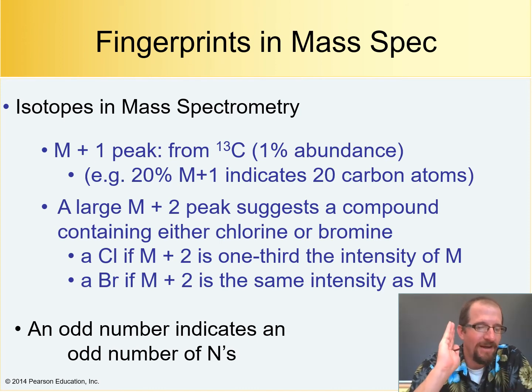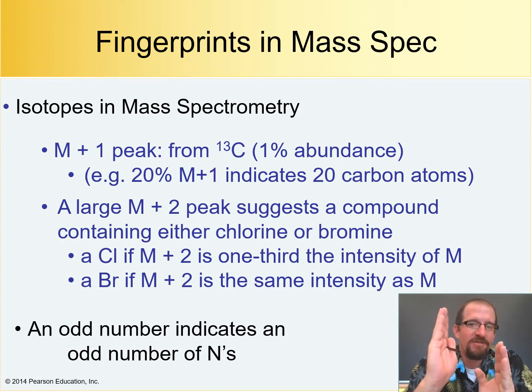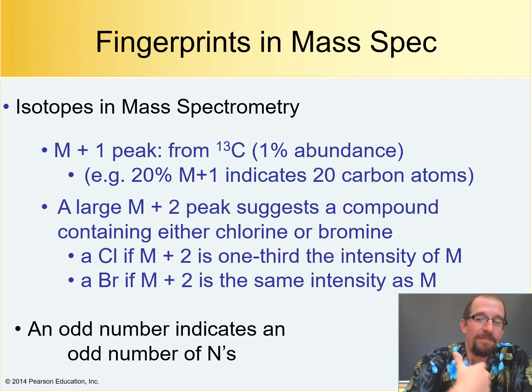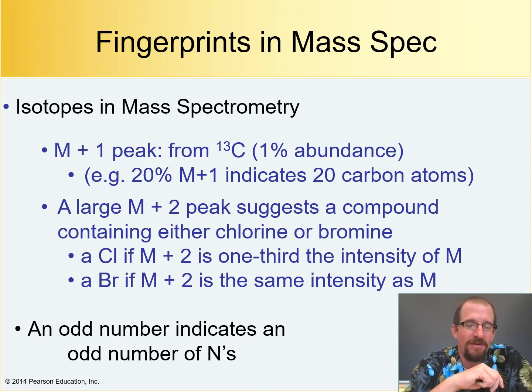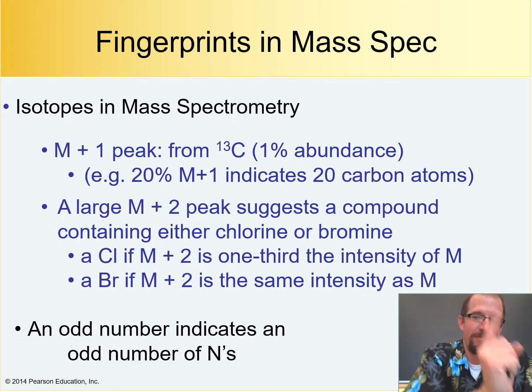If the normal peak height is, let's say, 100, and the M+1 peak is 20% of that normal height, then you must have about 20 carbon atoms in the molecule, because 1% of the time that carbon will be carbon-13 and boosted forward.